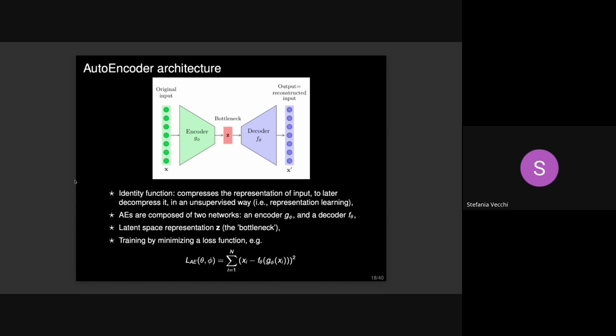So the identity function is a trivial kind of thing, but what is interesting is that this middle part is called bottleneck or latent space. This, in principle, contains a compressed version of the input. So one can think about it as sort of a distilled, compressed information about the features of the input.